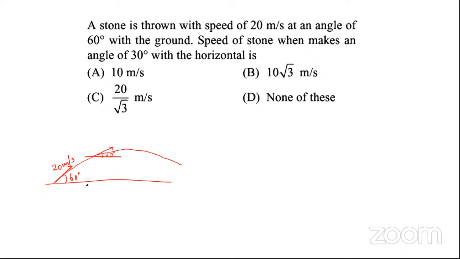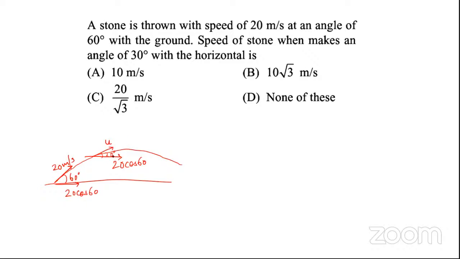See, what we know in this situation is that the horizontal velocity always remains the same. What's the horizontal velocity in the beginning? We can say it is 20 cos 60. In the second case also, the horizontal velocity will remain the same, that is 20 cos 60. But suppose here the net velocity is u.